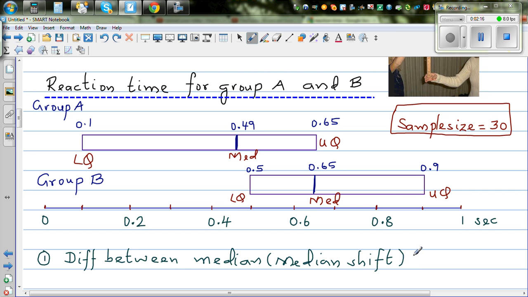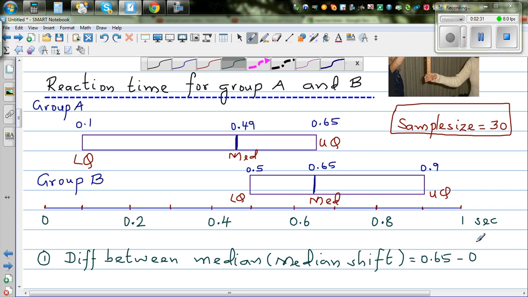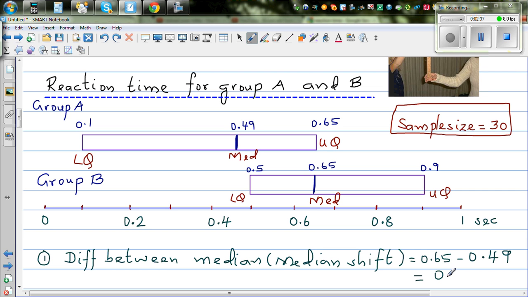So that is 0.65 minus 0.49. So that is 0.16 seconds.